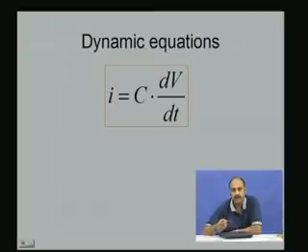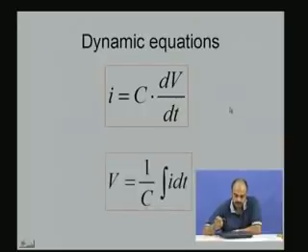is always 0 in the average value. The average value of the current is always 0 in the capacitance under steady state conditions, but under dynamic conditions it is given by the equation I is equal to C dV by dt, or the voltage is given by 1 by C integral of I dt. It is exactly this equation written in a different form.